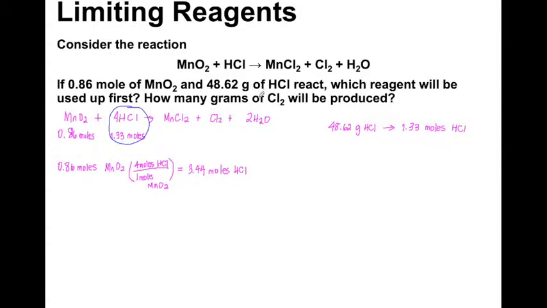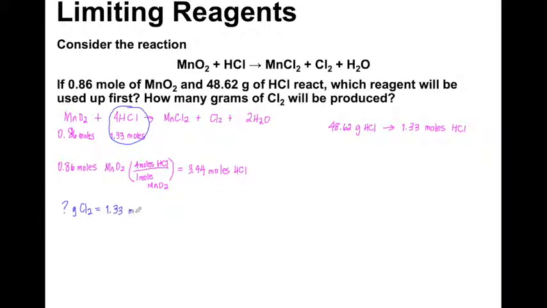Now we can answer this second question. How many grams of chlorine will be produced? Since we have determined hydrochloric acid to be the limiting reagent, we will use it as our basis.